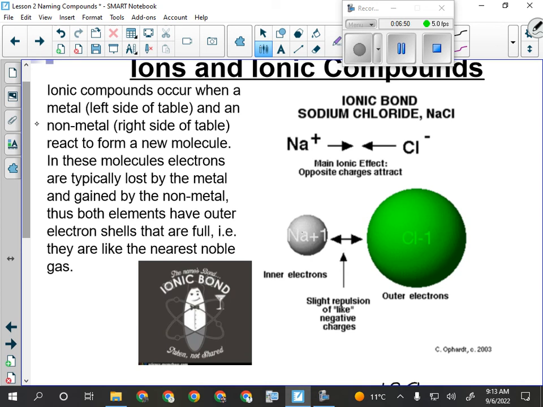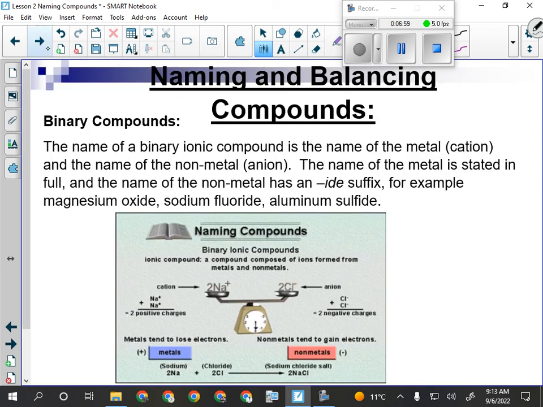For normal simple binary ionic compounds, that's the rule. We just name the metal and the nonmetal, and we change the ending of the nonmetal to -ide. Very, very simple. So we could have magnesium oxide, sodium fluoride, aluminum sulfide, something like that. Questions there? Does that sound familiar?